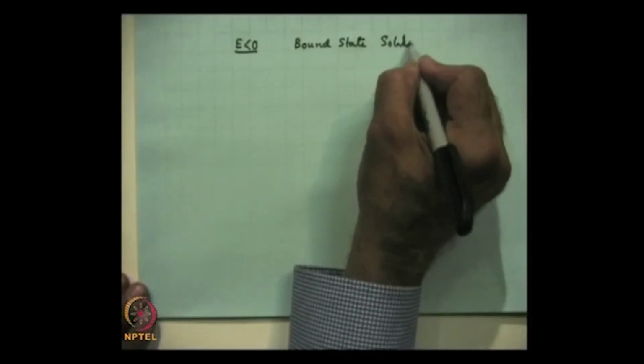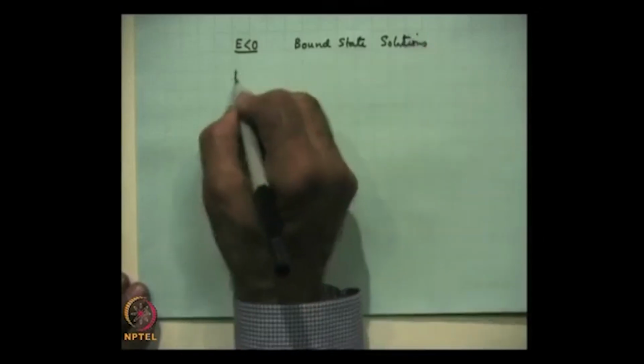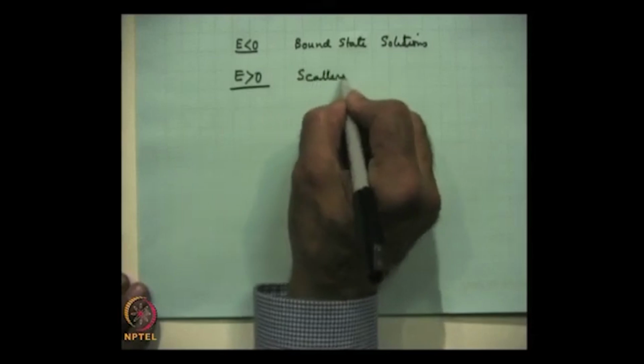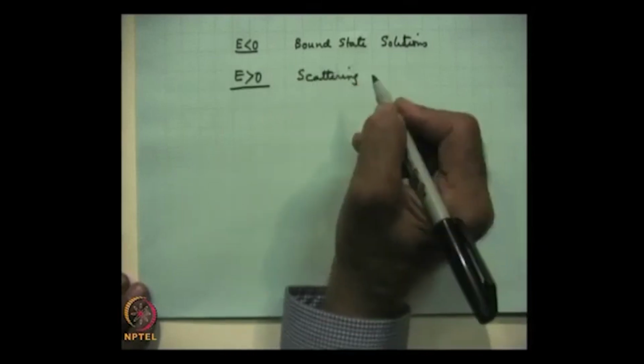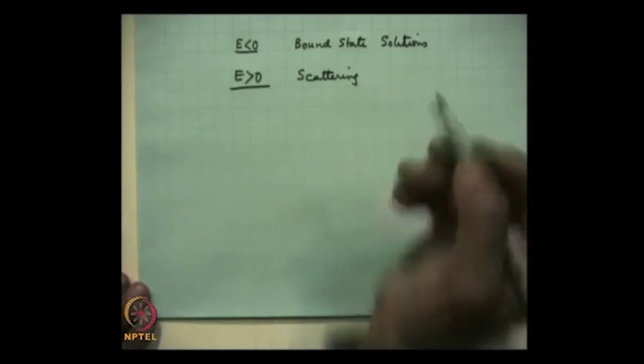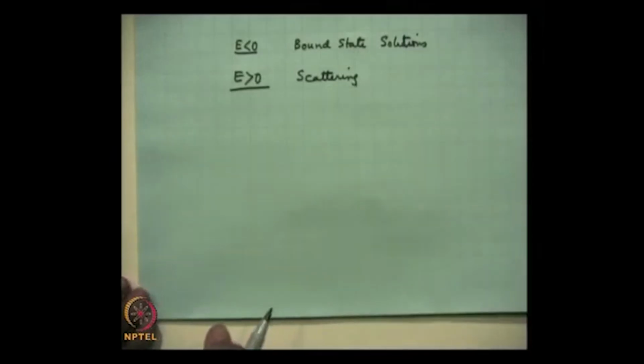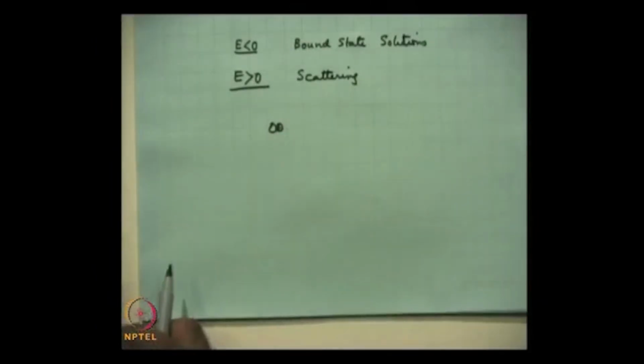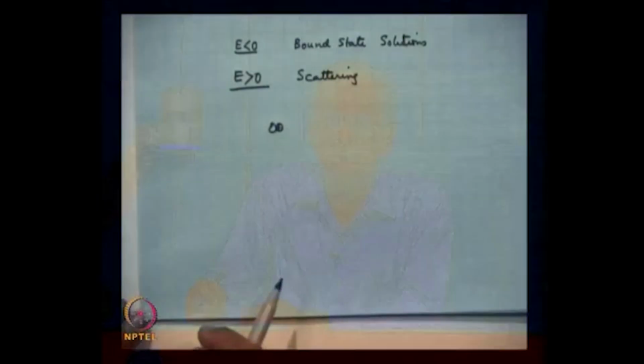Bound state solutions, and for E greater than 0, those are the scattering states. For every problem, there are scattering solutions. Even in the neutron proton problem, you have a bound state problem in which the neutron and proton are held together and you find the discrete energy states.